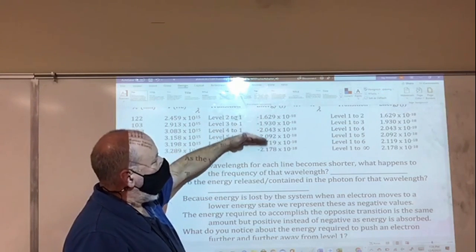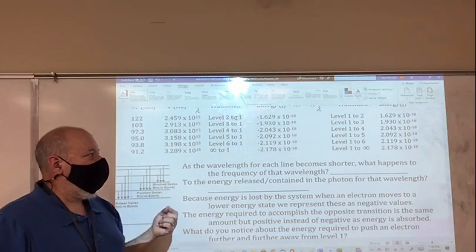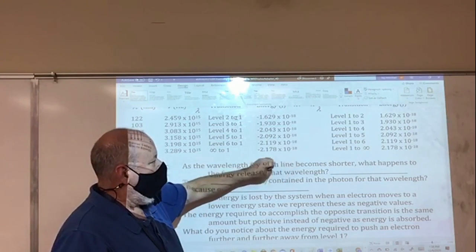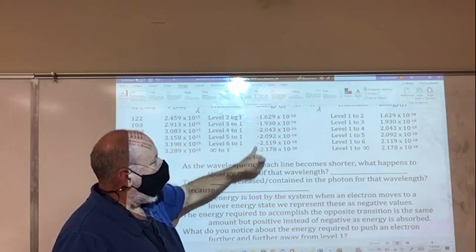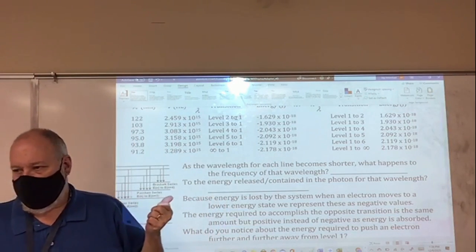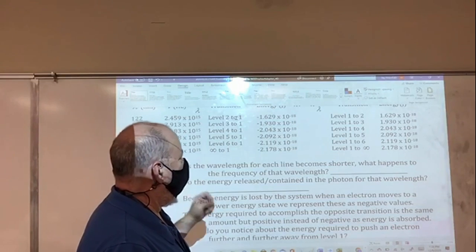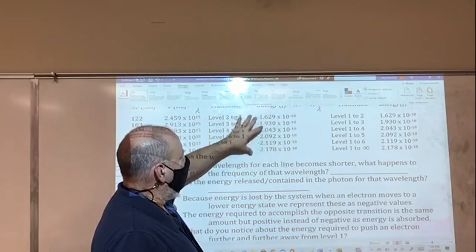This negative number is going to refer more to a direction of energy flow rather than an absolute amount. We need to think about this in an absolute amount, and the negative sign means that the energy is lost.